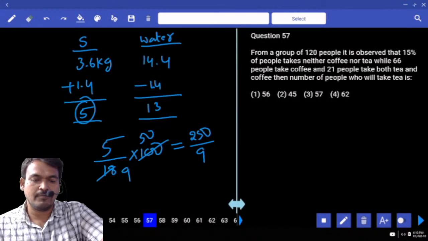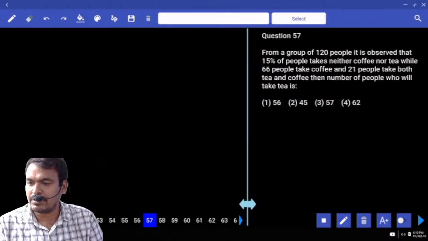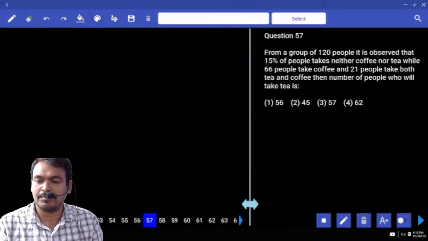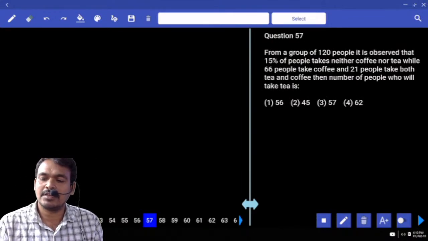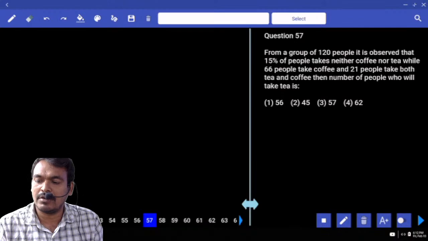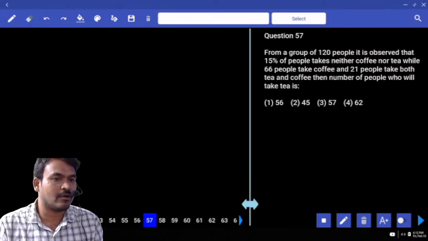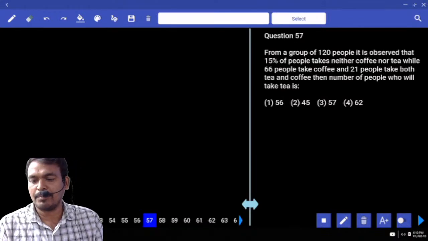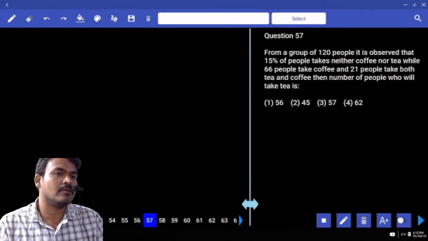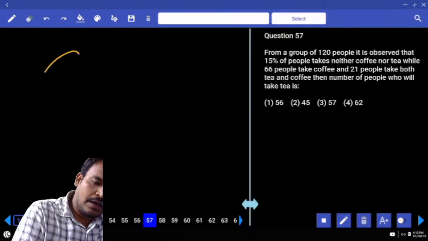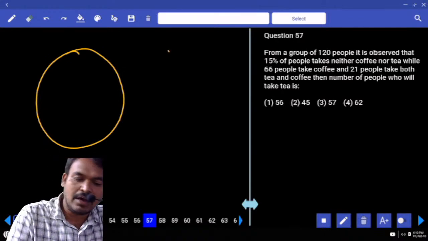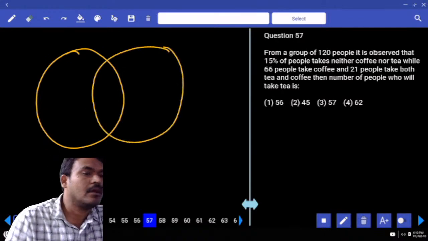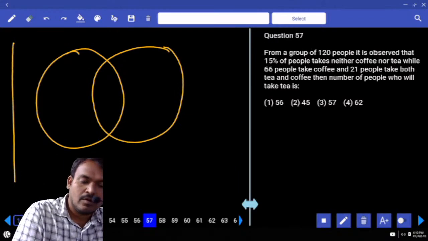Question number 57. From a group of 120 people, it is observed that 15% of the people take neither coffee nor tea, while 66 people take coffee and 21 people take both tea and coffee. Then find the number of people who take tea. Here there are two, one is coffee, another one is tea. Total how many people are there? 120.